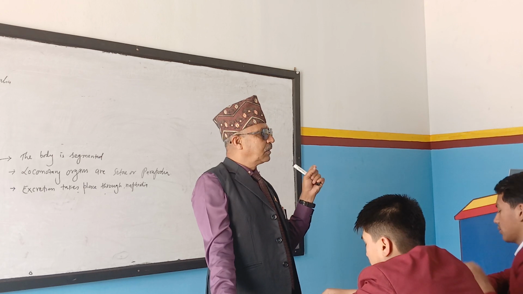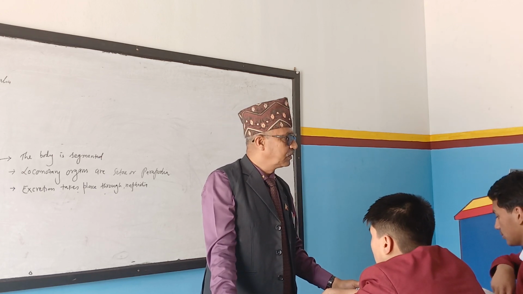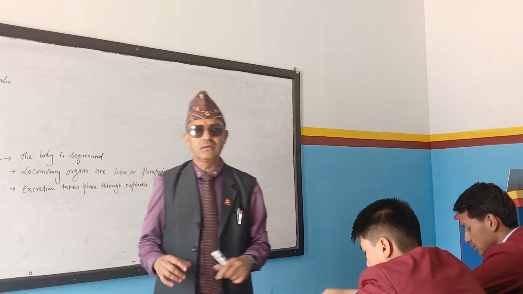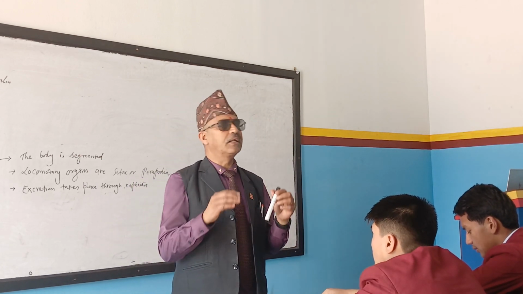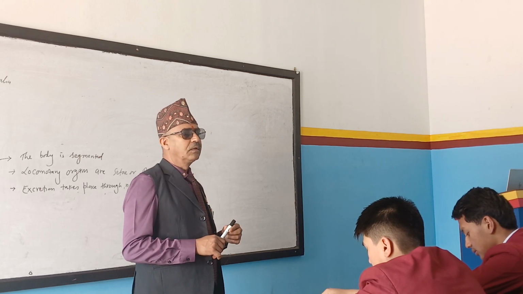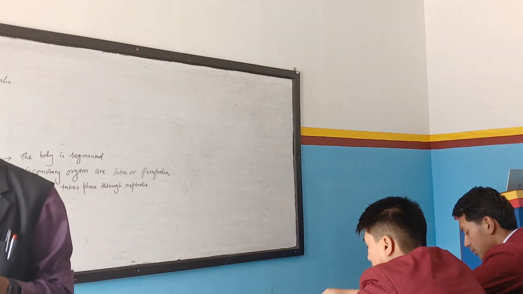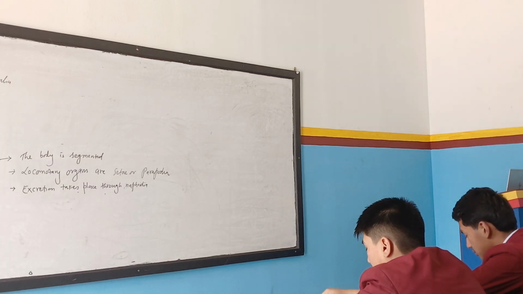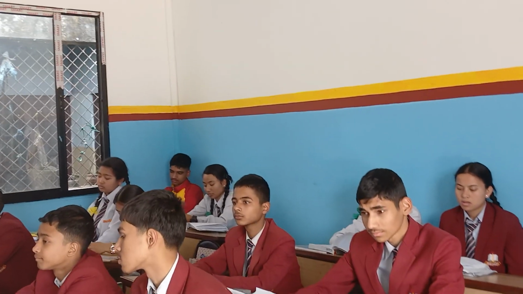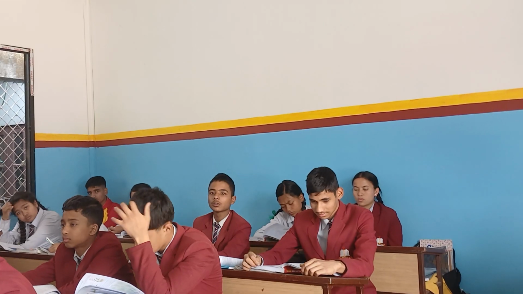What are the major characteristics of Coelenterata? Number 1, there is presence of a hollow cavity called coelenteron, right? Number 2, they are the first tissue grade animals. Next one, tentacles are located around the mouth and help in locomotion and capturing the food.